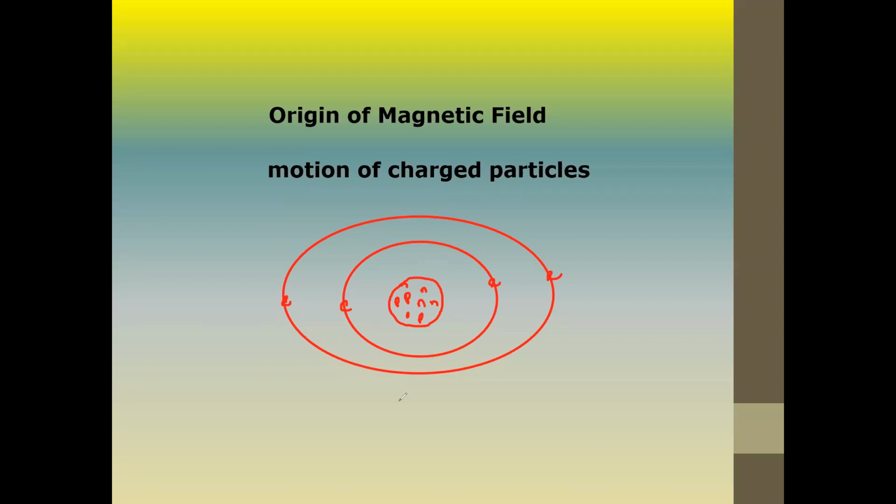As a result, the motion of these charged particles, such as the movement of electrons and protons, what will happen? The atom will produce a magnetic field.